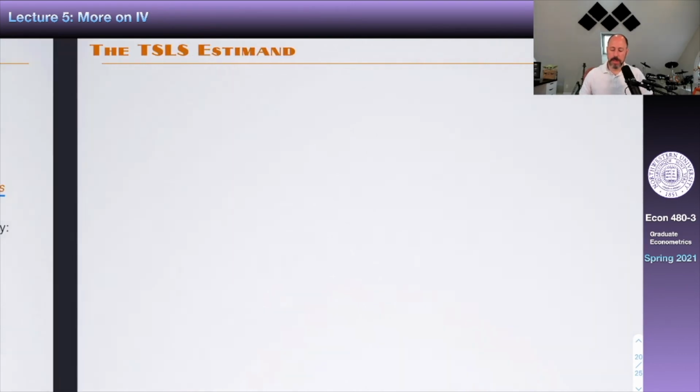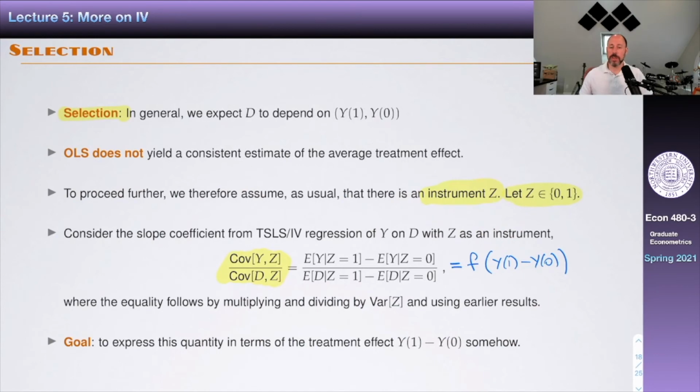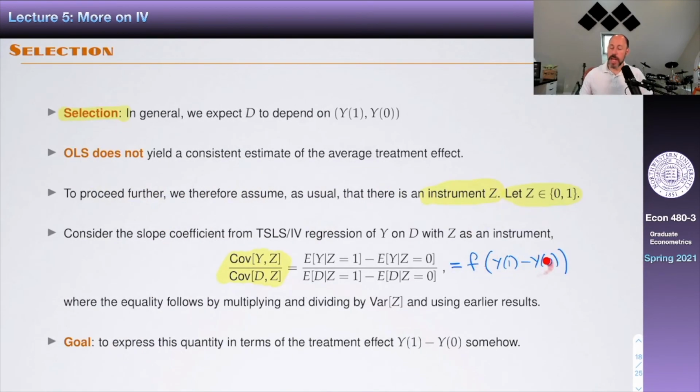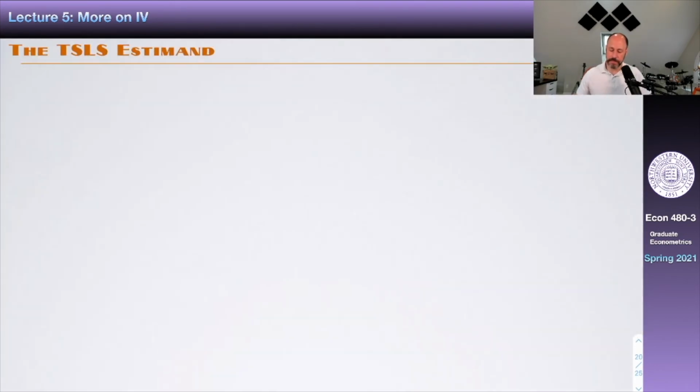So what we're doing now, going back to our goal, we're going to take this numerator, this denominator, work it out, exploiting these assumptions that we have over here to get an expression of the IV estimate as a function of the potential outcomes. So let's do that. I'm going to start with the numerator. So the numerator is expected value of y given z equals 1 minus expected value of y given z equals 0.